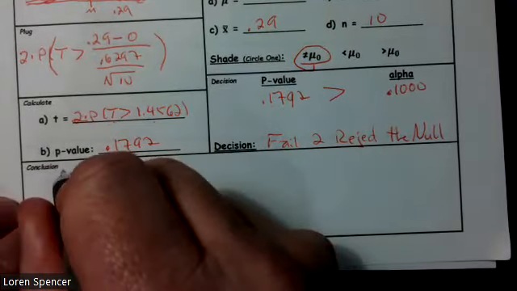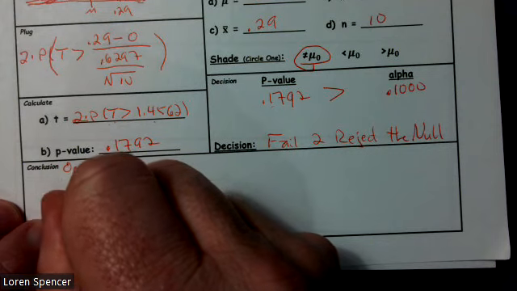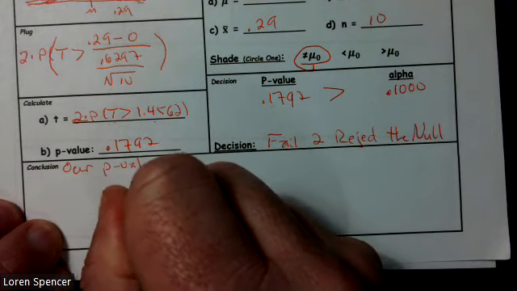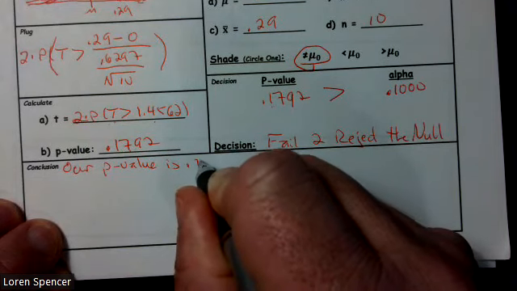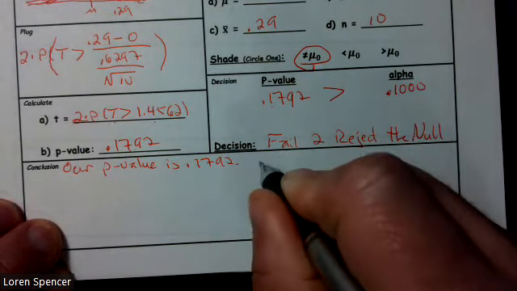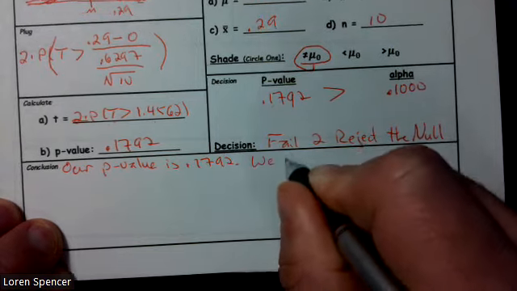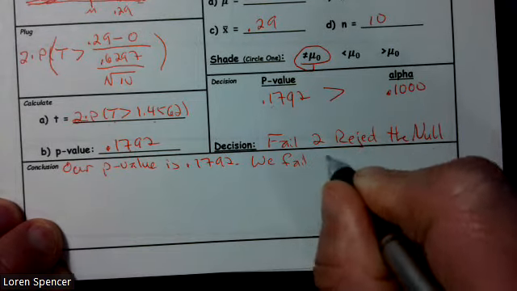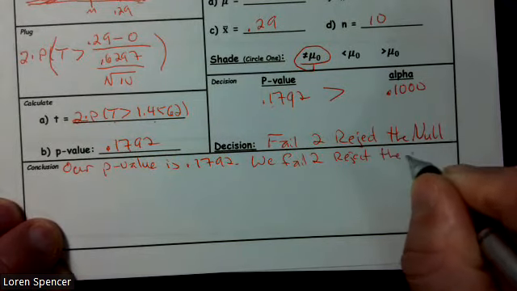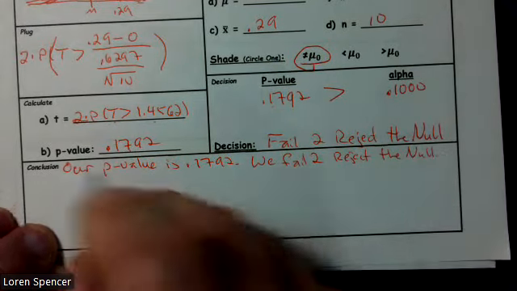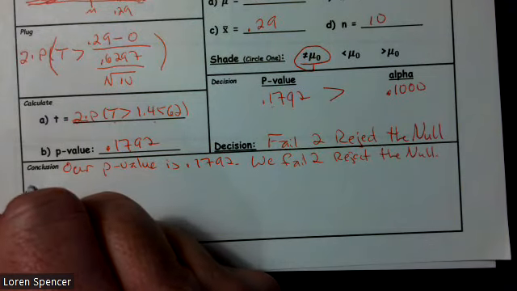So in conclusion, our p-value is 0.1792. Our decision: we fail to reject the null. All right.